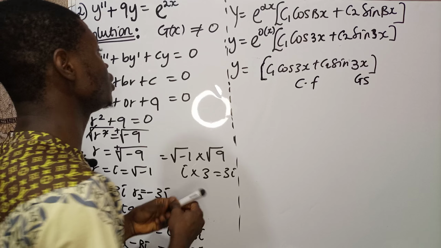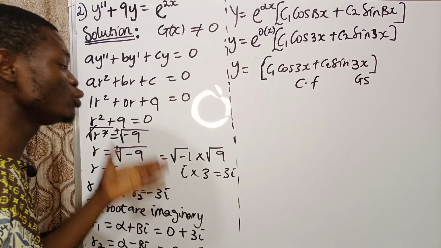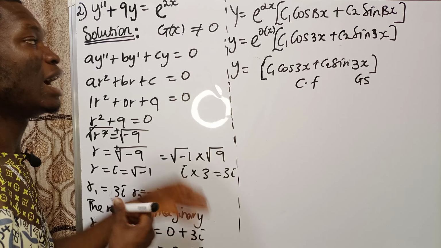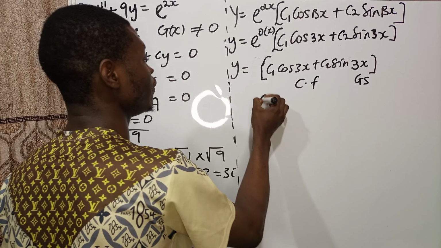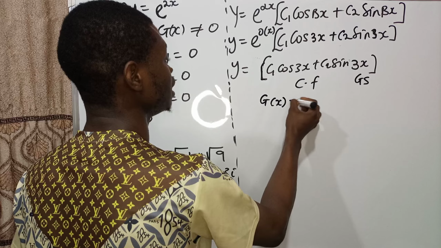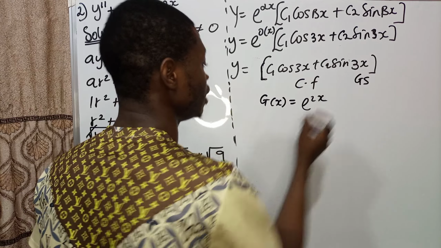Now, in order to find the non-homogeneous solution, I told you to solve the homogeneous first. After solving the homogeneous, you solve for the non-homogeneous. Remember, our g of x is exponential 2x.